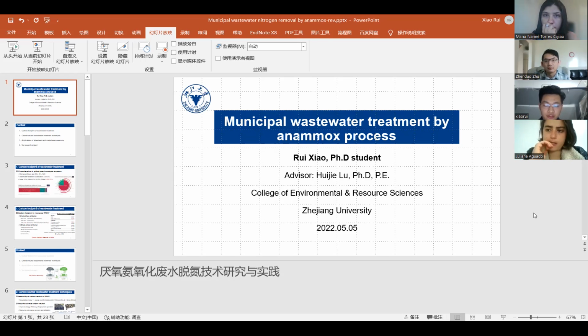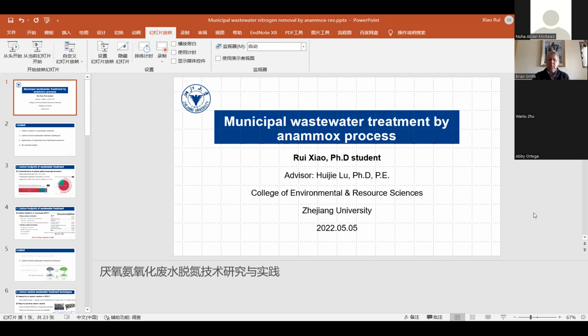As far as I know, in China, President Xi has set the aim that we need to achieve carbon neutrality. So the government and other industries are both trying to achieve this.